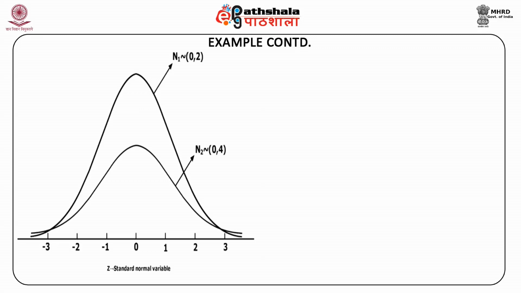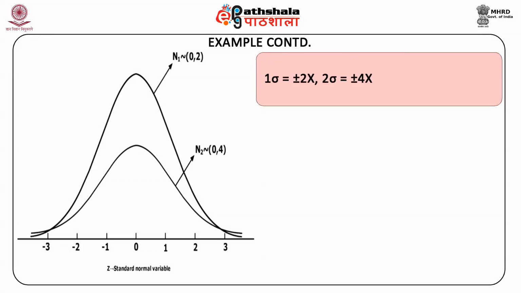In figure 1, sigma is equal to plus minus 2x, and therefore 2 sigma is equal to plus minus 4x.